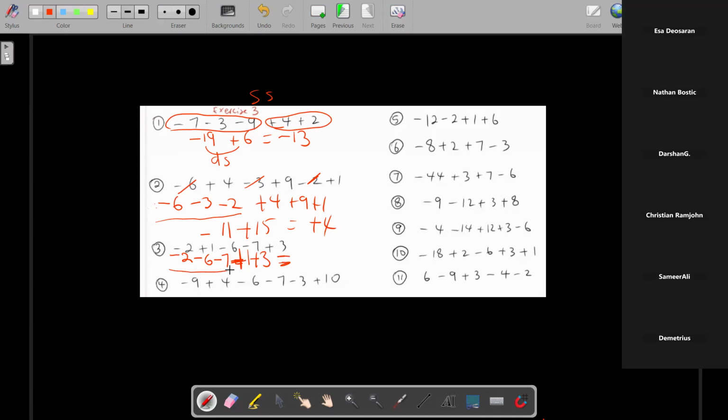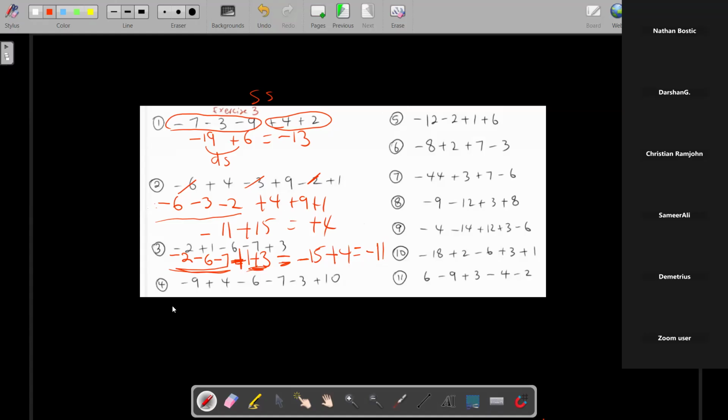So we solve the negatives together. Negative 15 is correct. And then you solve the positives. Positive 4. And you minus 4 from 15, you get negative 11. Excellent, right? Good.